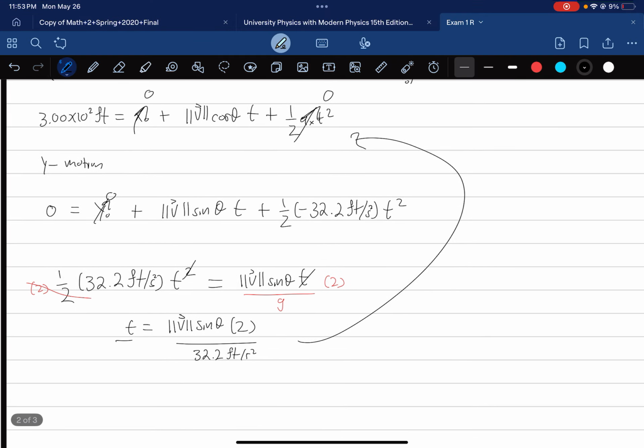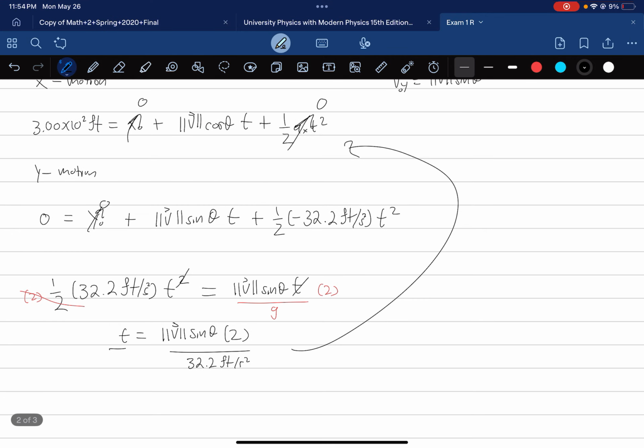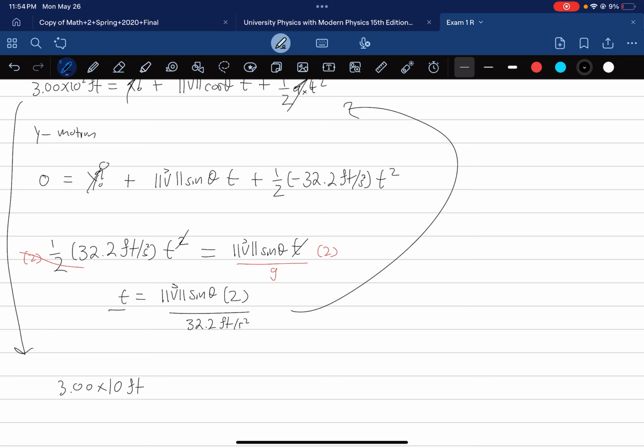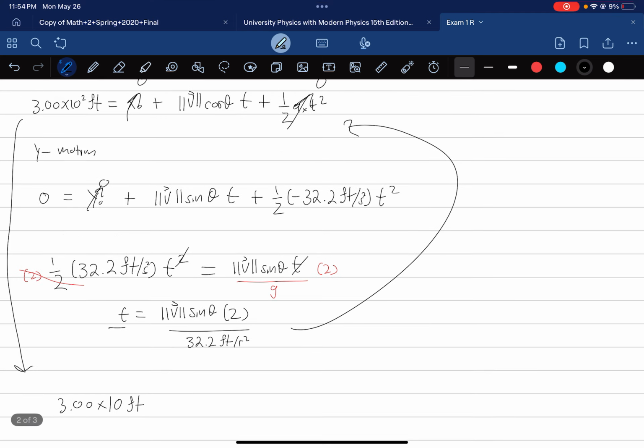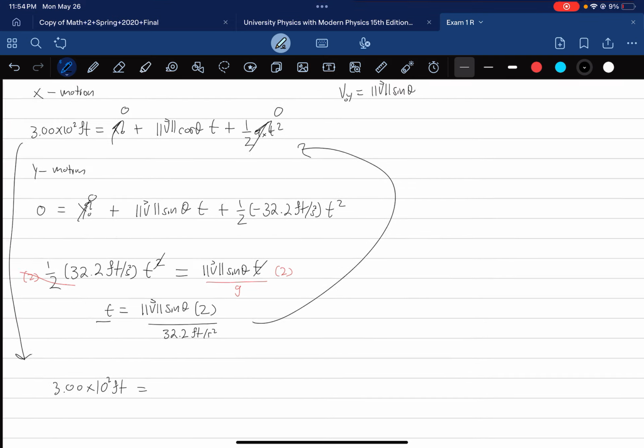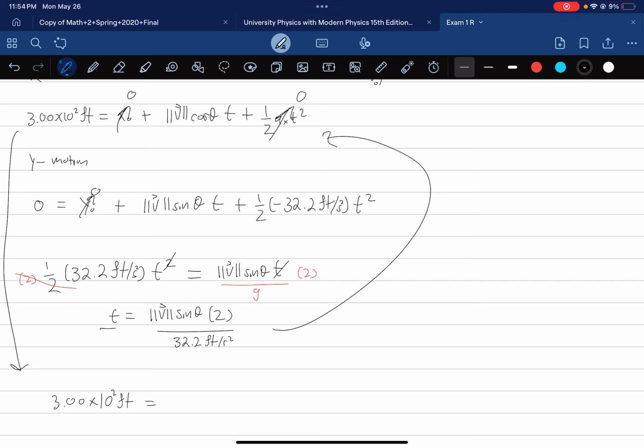So let's do that right here. Just rewriting the motion equation for the x direction: 300 feet is the final position of our target, and that initial position term was 0.